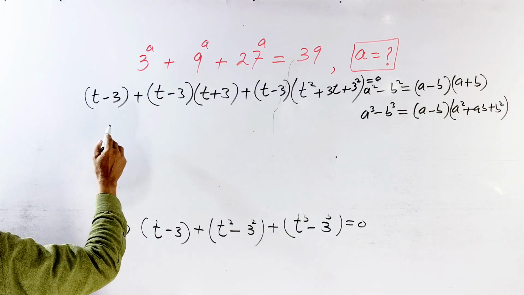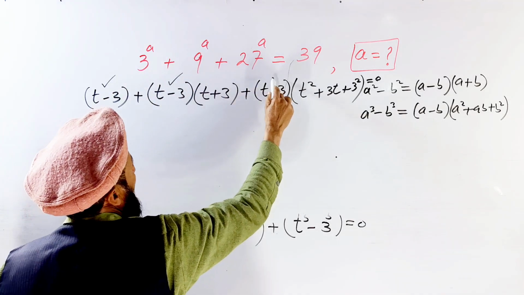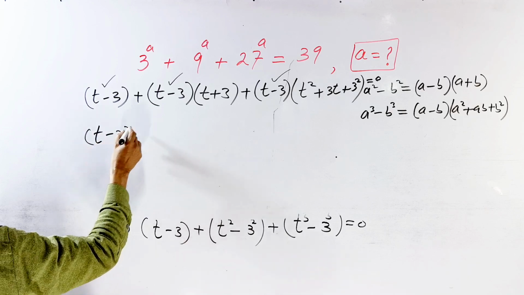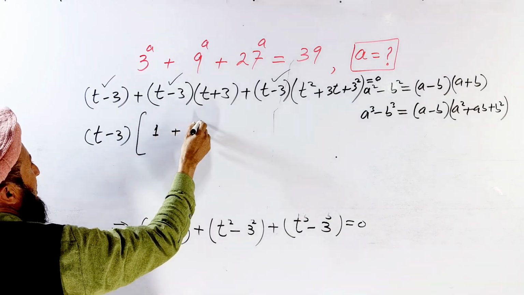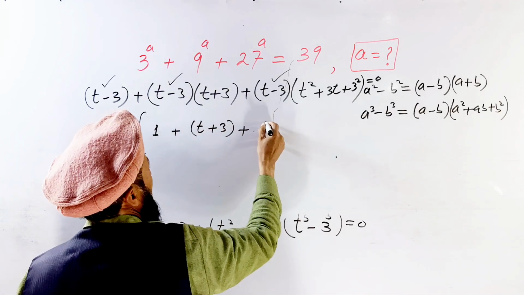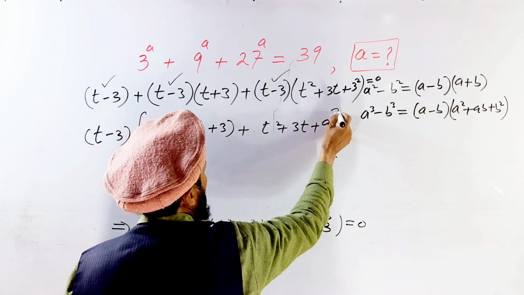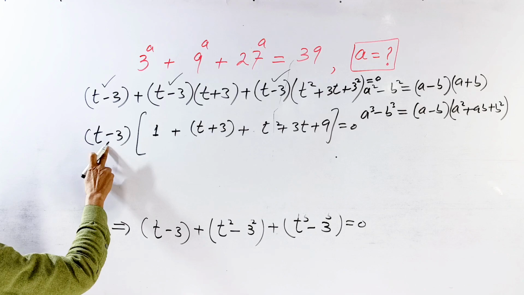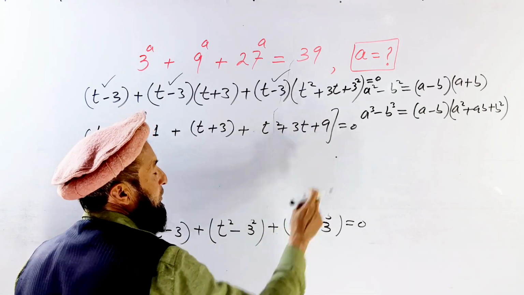Now look here, we take t minus 3 common from each term. So t minus 3 is common. Here 1 is remaining: 1 plus t plus 3 plus t square plus 3t plus 9 is equal to 0. Now it means that either this term is equal to 0, or the whole remaining term is equal to 0.